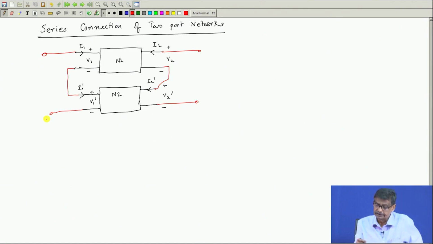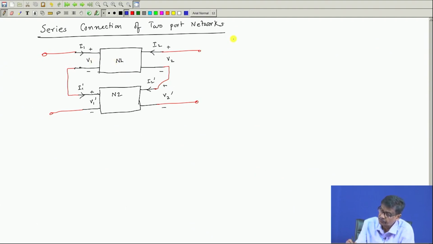Now, obviously, you can easily see that suppose I am expressing these networks N1 and N2 in terms of impedance parameters. So, what will we be getting?